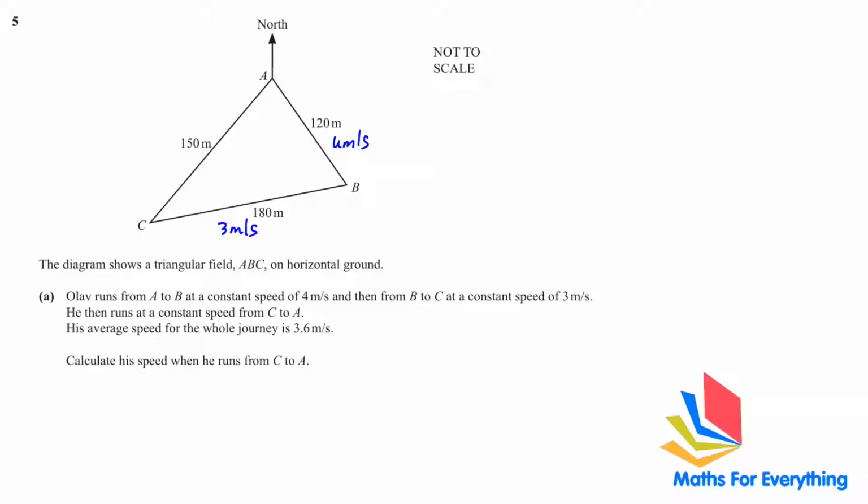To find the speed, you need to know this formula for distance, speed and time, because that's what we'll be using. We will divide this into two parts. First, let's find out the time taken for each one. From A to B, the time is going to be distance over speed.